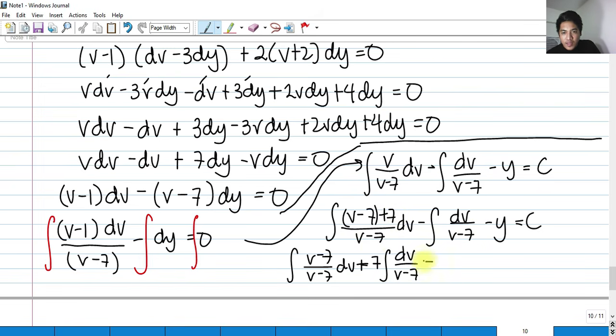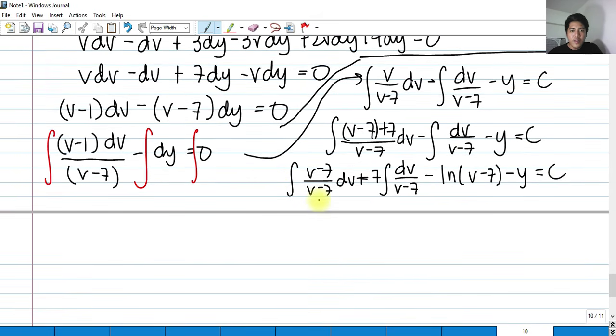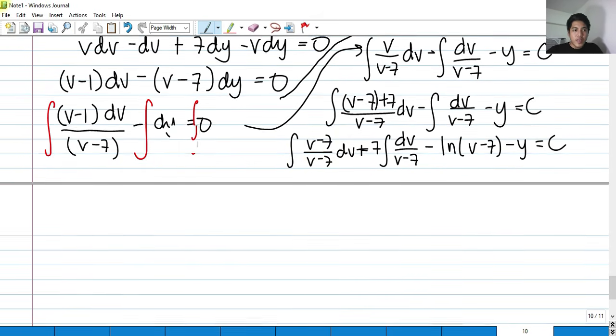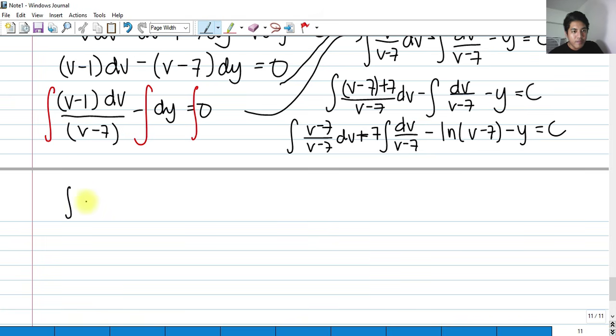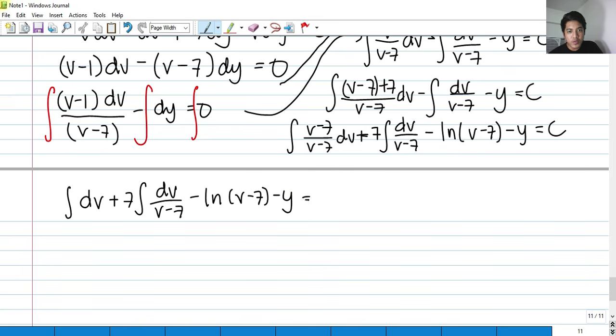So we have the integral of dv over v minus 7 is ln of v minus 7, minus y equals c. The integral of v minus 7 over v minus 7 is simply dv, plus 7 times the integral of dv over v minus 7, minus ln of v minus 7, minus y equals c.